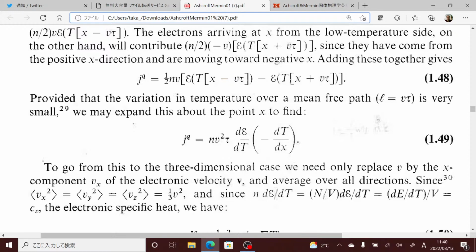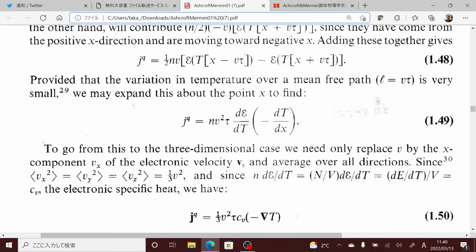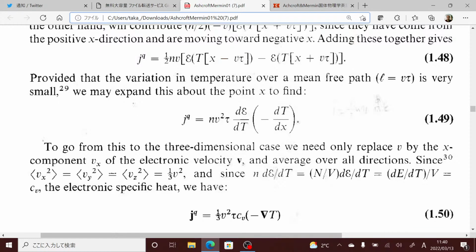We may expand this about the point x to find j_Q equals n v squared tau times d epsilon/dT times minus dT/dx.